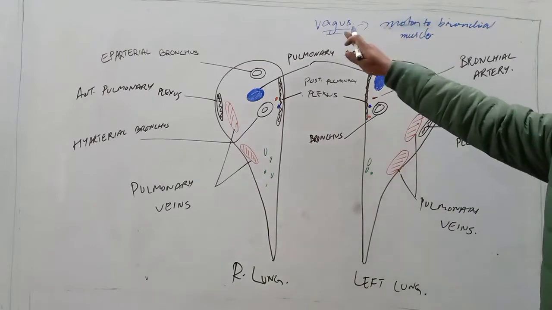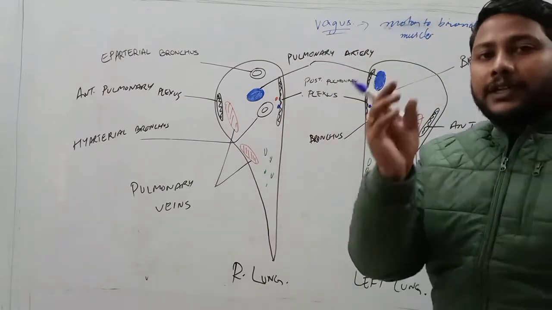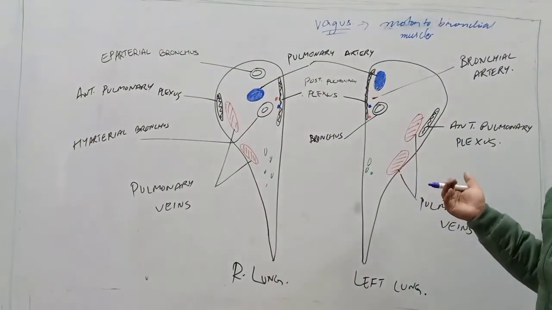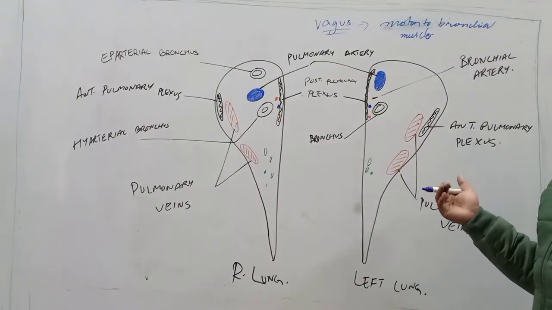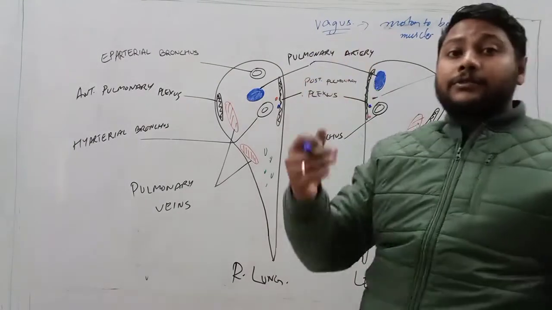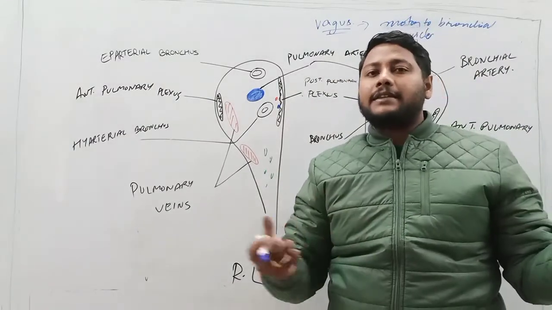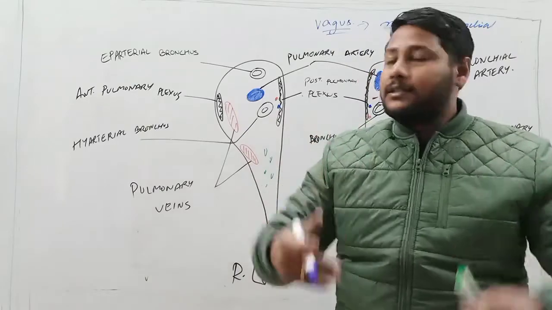Apart from this, the vagus is also secretomotor to the glands present in the bronchus, and also it is responsible for the stretch reflex and the cough reflex that we have in the lungs.